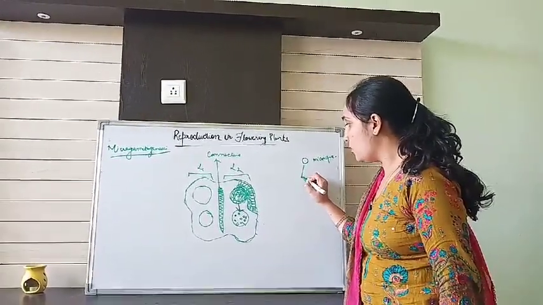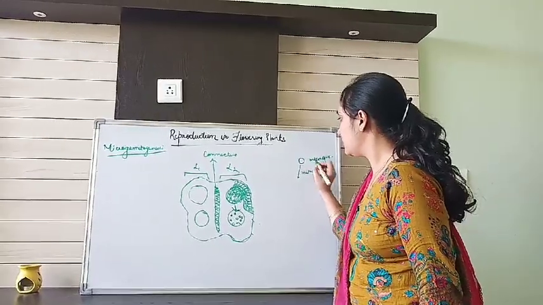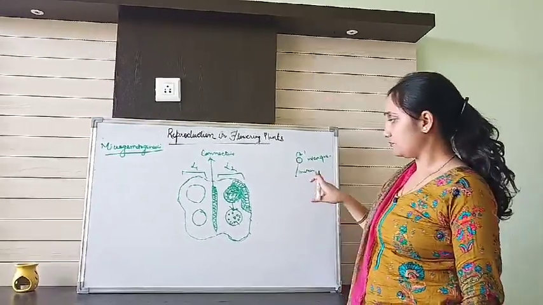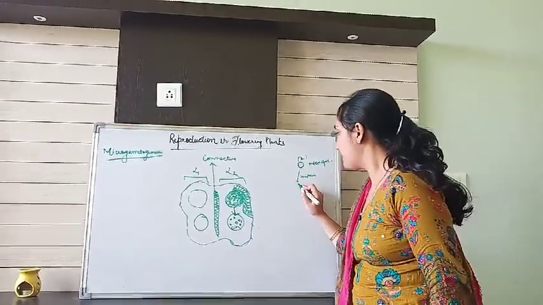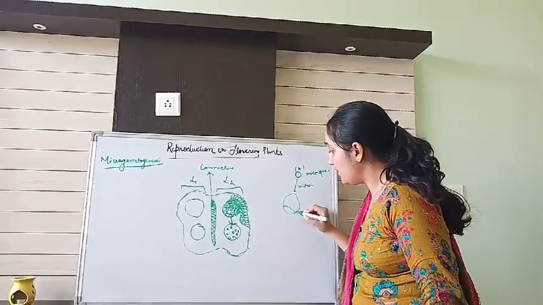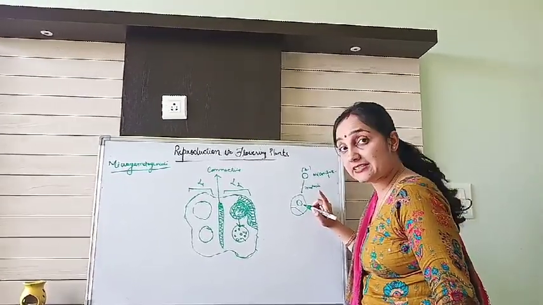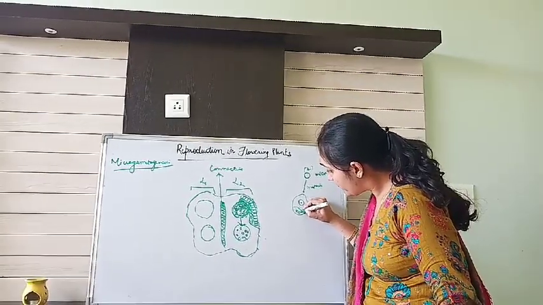This microspore undergoes the mitosis process. Now this is haploid, right? When it goes under mitotic division, what happens? Each single microspore is going to give us 2 cells.